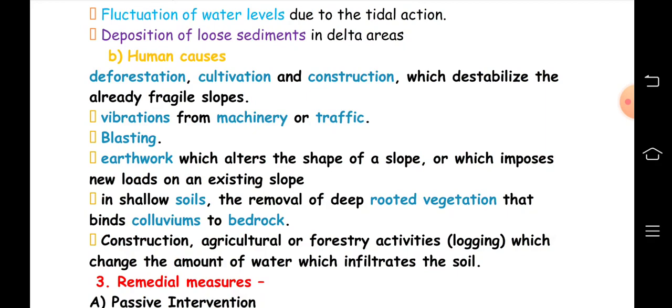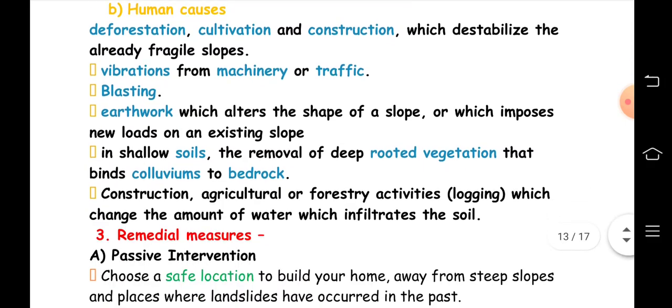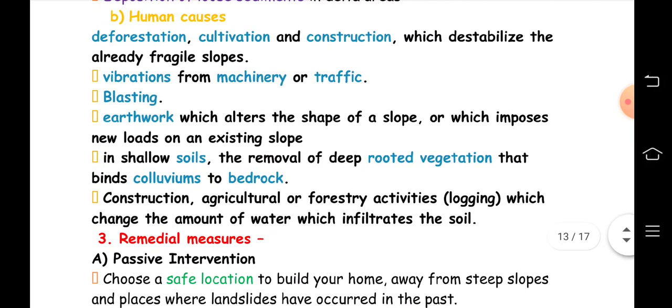As we know, due to deforestation, cultivation and construction along these sloping areas, deforestation is important, and cultivation means the growing of crops along this sloping area, and the various construction activities which can be carried out on this sloping area. This can mostly happen in mega cities, due to which the soil along the sloping area will try to slide down in the downward direction.